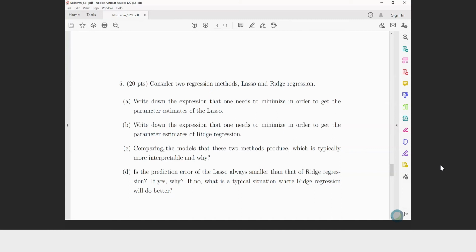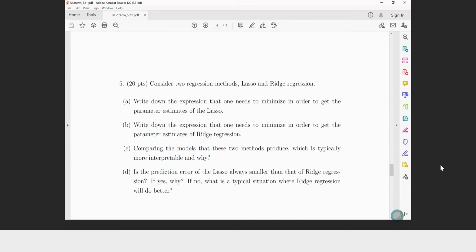This is part C. Is the prediction error of the lasso always smaller than that of ridge regression? Definitely not. In some cases it has a smaller prediction error, in some cases it's larger. Part D: what is the typical situation where ridge regression will do better? In the general case, if a pretty large number of predictors are related to the response, then ridge regression will work well.